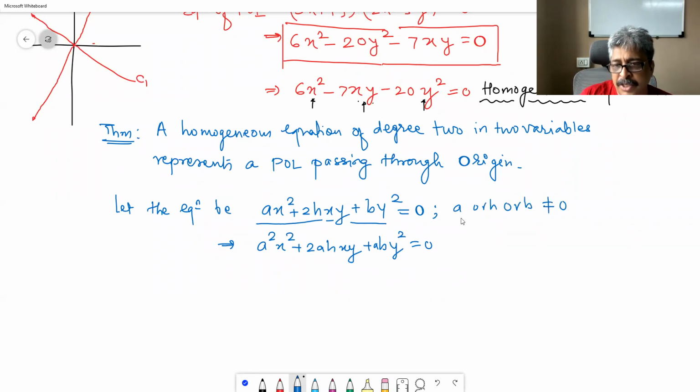At least one of them is not equal to 0. All three of them can be non-zero, but at least one of them. Otherwise, the degree 2 equation will not survive if all three of them become 0. And we don't want to end up having that situation.